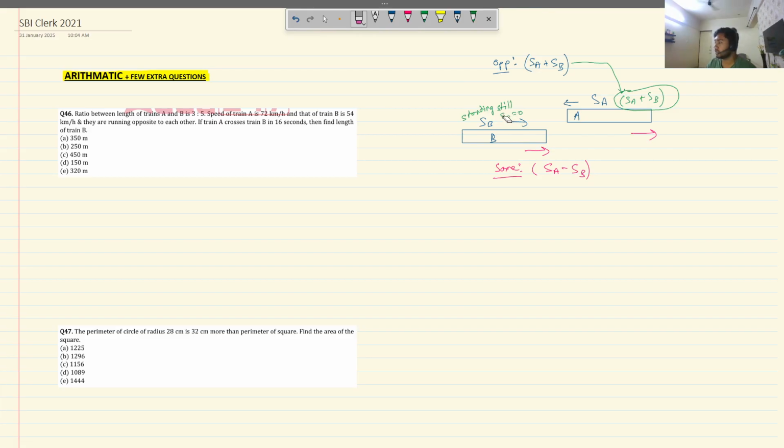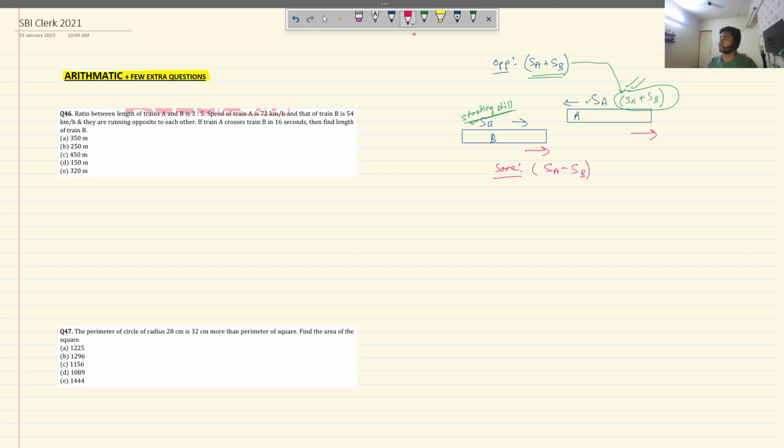It is a stationary object. It does not move. In reality, train A's actual speed is SA and train B's actual speed is SB. But whatever the relative velocity, I assign that net speed to one of the trains, and then the other train is as if standing still, it's not moving.